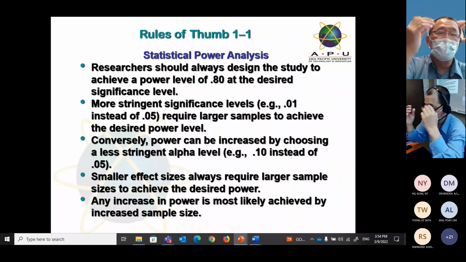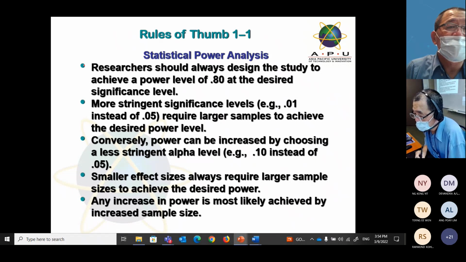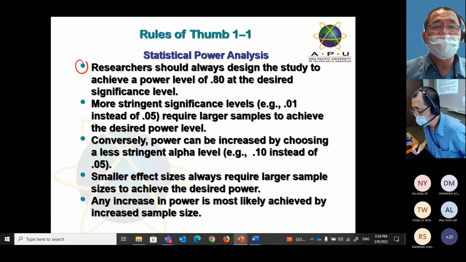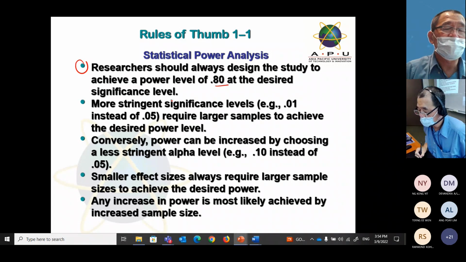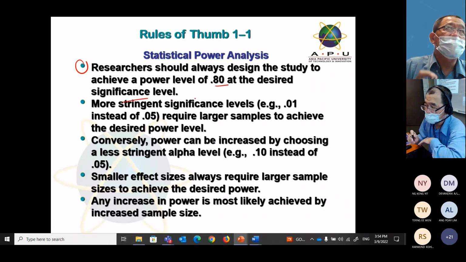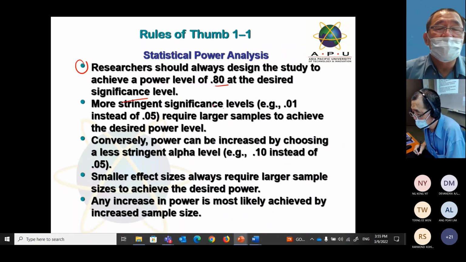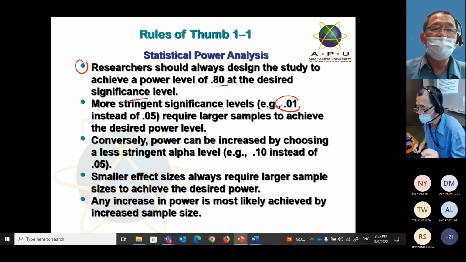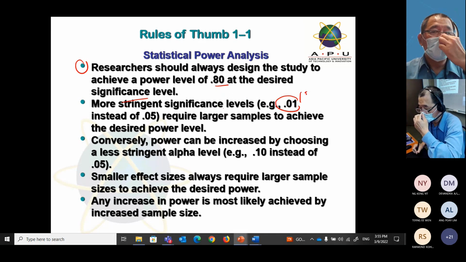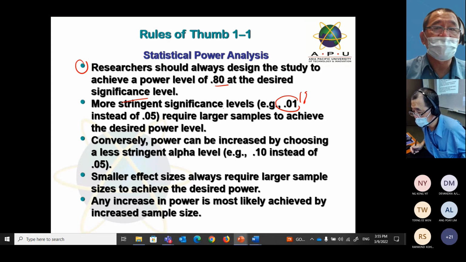So this one is more of a revision of what we discussed just now. Researchers should always design the study to achieve a power level of 0.8 at the desired significance level. 0.8 is already considered good enough. Let's say 1% is more stringent, meaning it is more difficult for us to reject the null hypothesis.